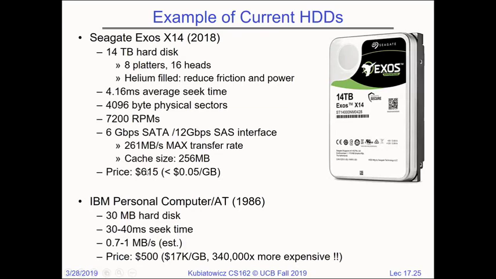It's interesting how price points are relatively constant over the years. That has something to do with marketing. But notice that here we've got less than 5 cents per gigabyte. Here we had about $17,000 per gigabyte. So your bits are cheaper now too.